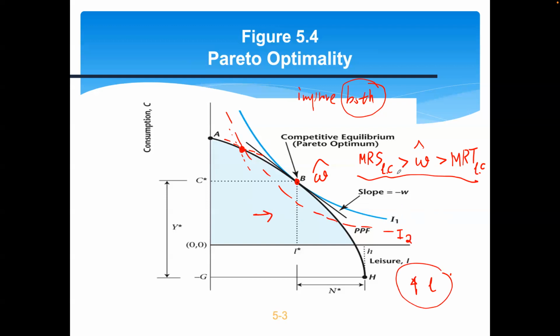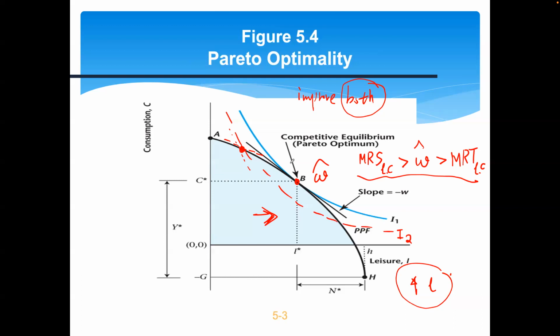Start with the consumer. If we push in this direction, at this point the marginal rate of substitution, meaning the rate at which the consumer is willing to substitute L for C, is very, very high. In other words, they are willing to give up a lot of leisure for consumption.